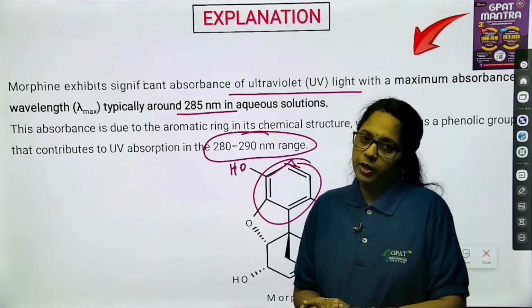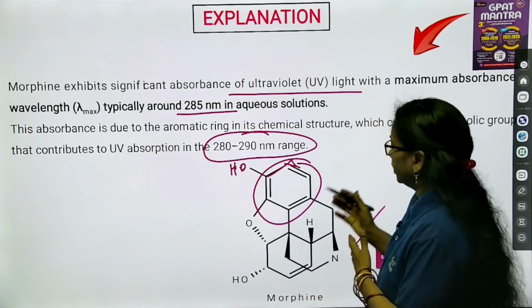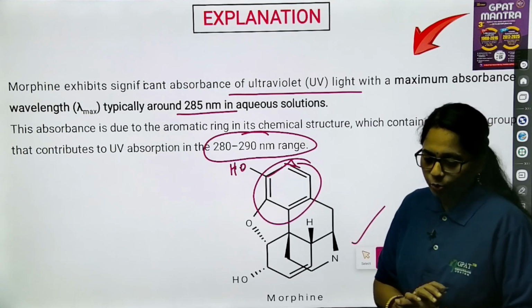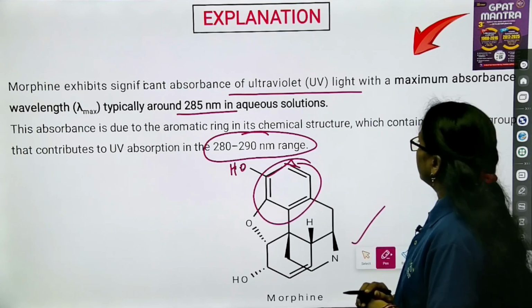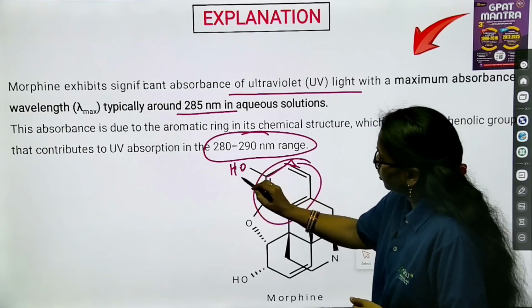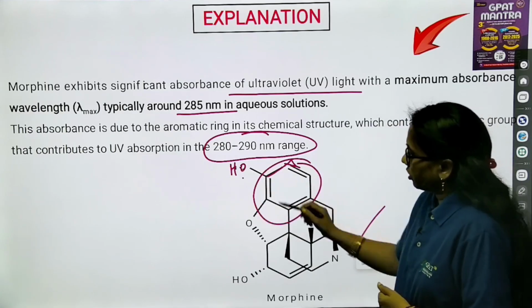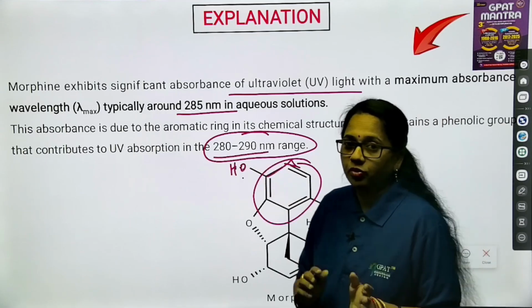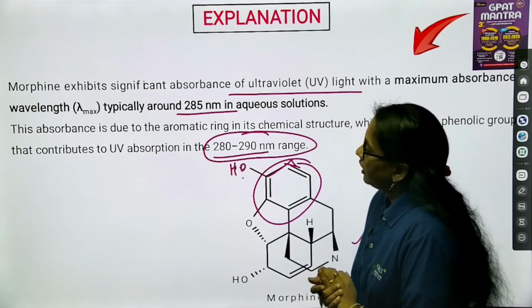So according to the pharmacopoeia, we take the absorbance present due to this aromatic ring. In the morphine structure, due to this phenolic ring, because OH is also attached, it mostly exhibits between 280 to 290 nanometer.